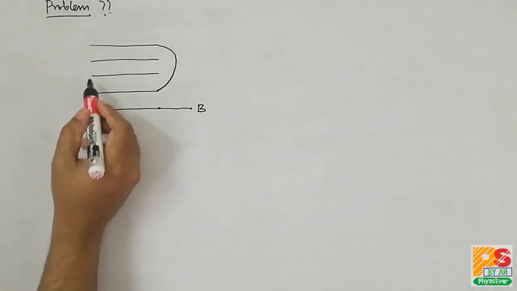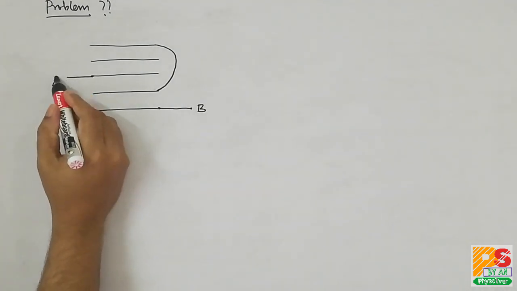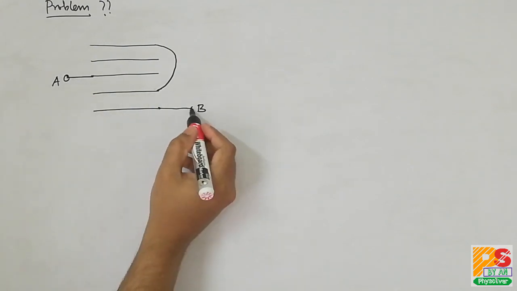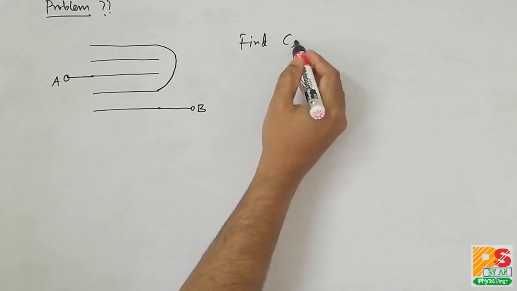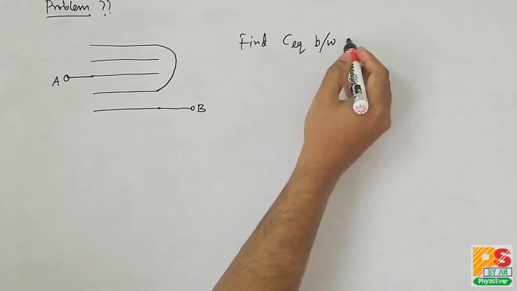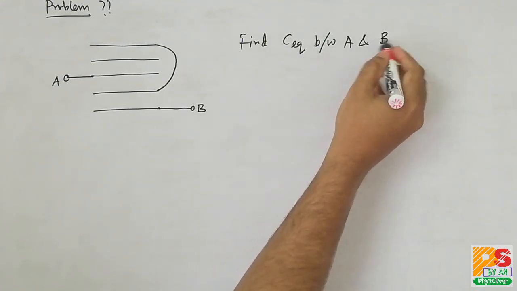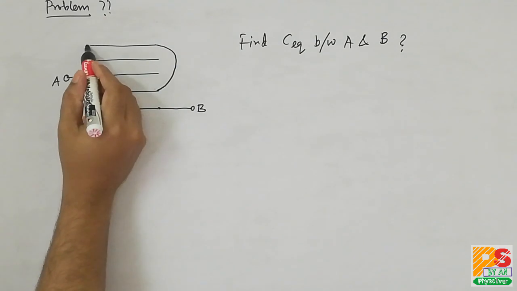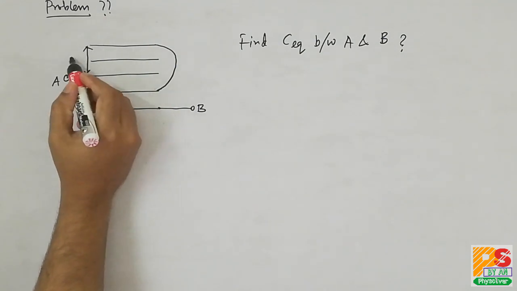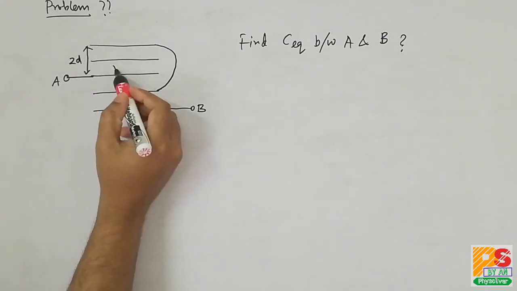The lower plate is called B and the third plate is A. We have to find the equivalent capacitance between A and B. Here we assume the gap between the plates is D, and the area of each plate is A.